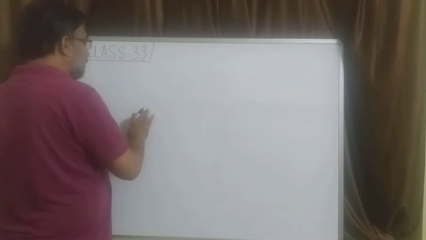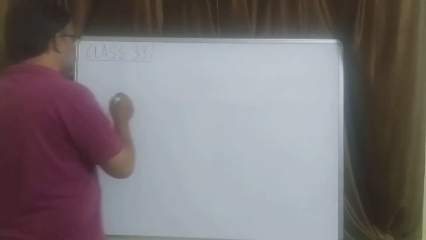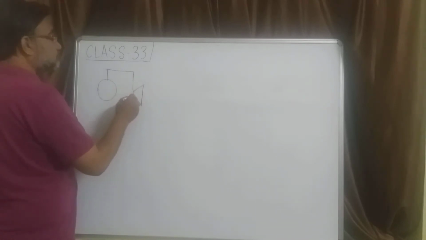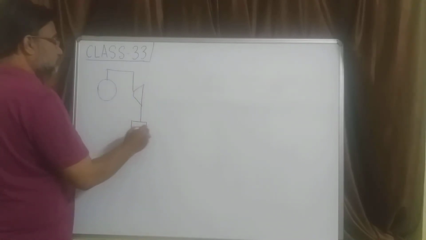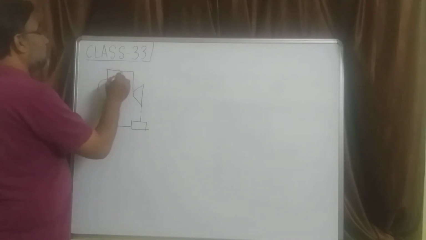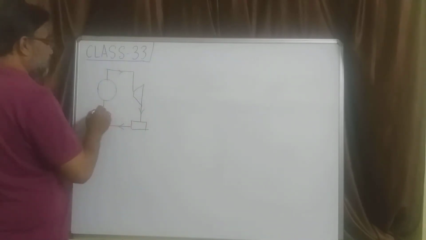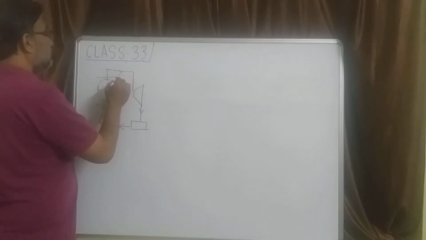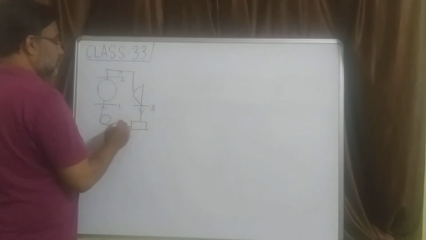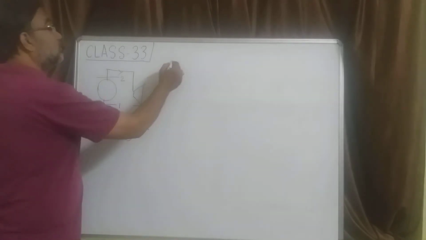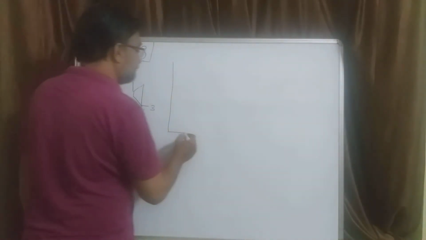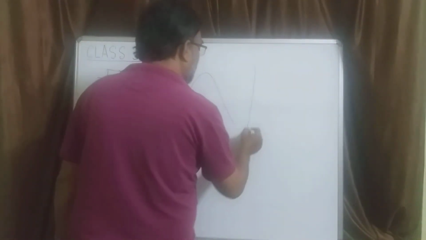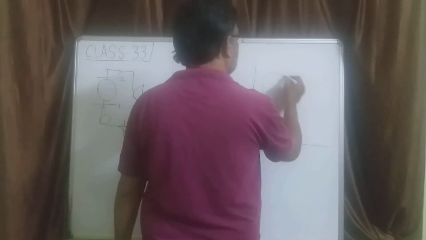So in this problem, how to proceed? First thing is draw the block diagram. Okay, draw the block diagram. Label them 1, 2, 3, 4. Then draw the TS diagram and then draw the HS diagram.